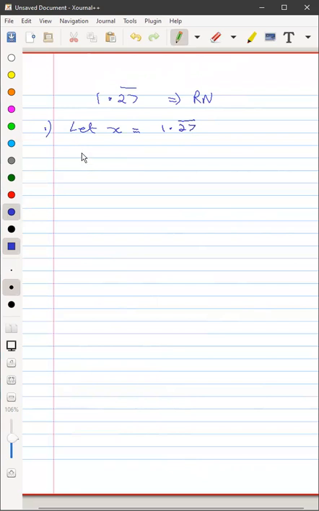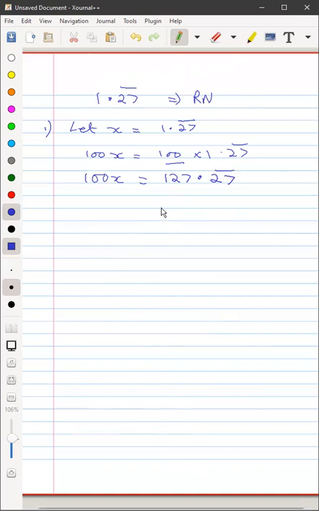Then 100x is equal to 100 into 1.27 bar. Shift 2 decimal places, Ananya: 127 point.